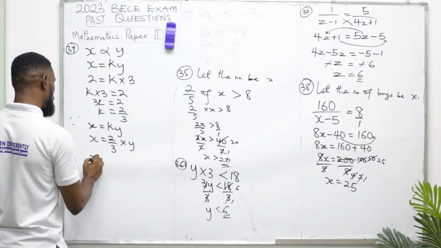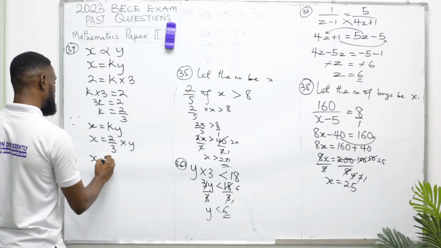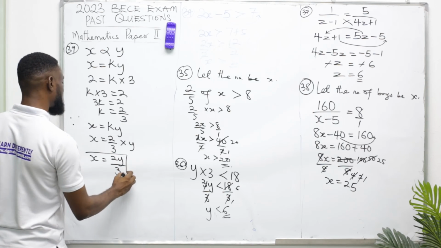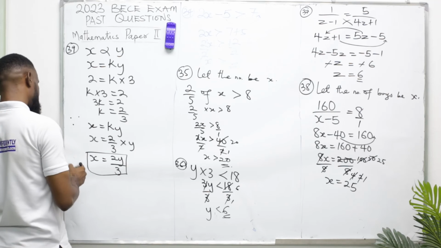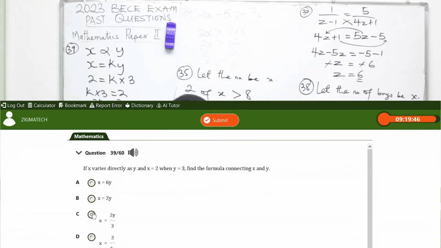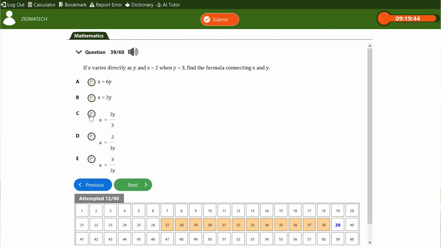So this will now mean x is equal to 2y all over 3. So the formula connecting them is x is equal to 2y over 3, which is option C. All right.